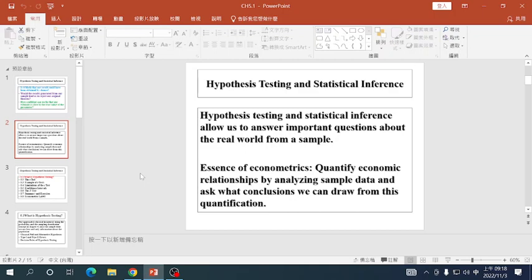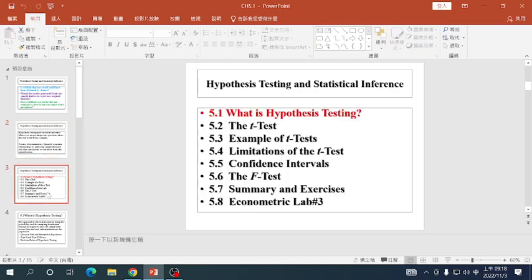Okay, so how can we get answers or results from the sample data? So we are going to talk about many topics in these chapters, and I'll do it just following the steps, okay, one by one.